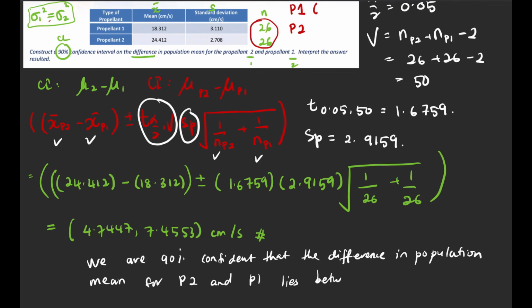It lies between 4.7447 and 7.4553 centimeter per second. Okay, done for the confidence interval, independent cases.